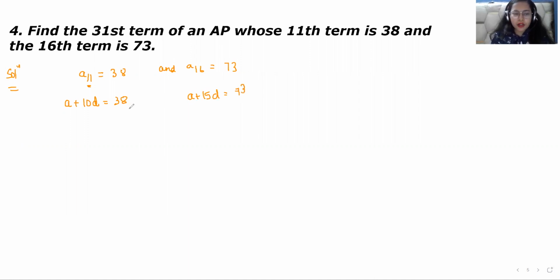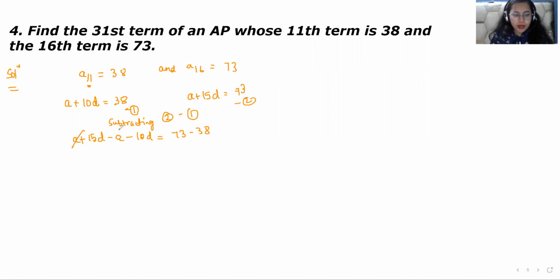So after subtracting these equations, what do we get? Subtracting 1 from 2: A plus 15D minus A minus 10D equals 73 minus 38.